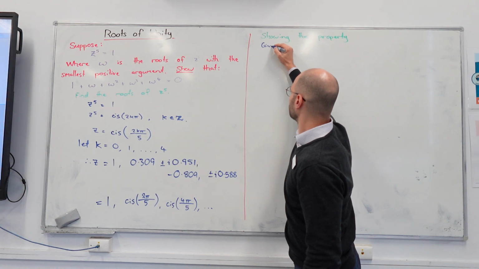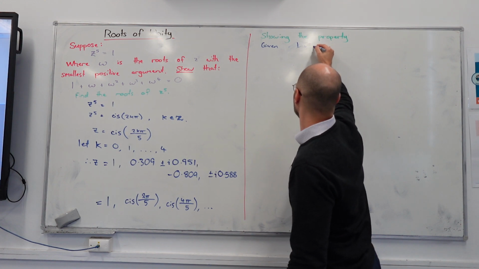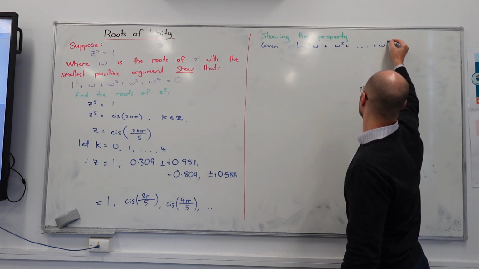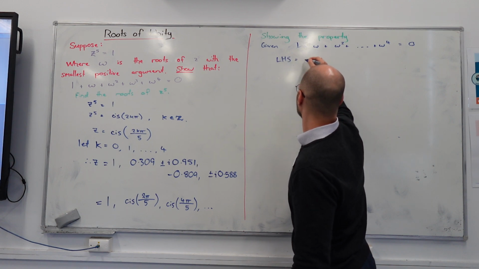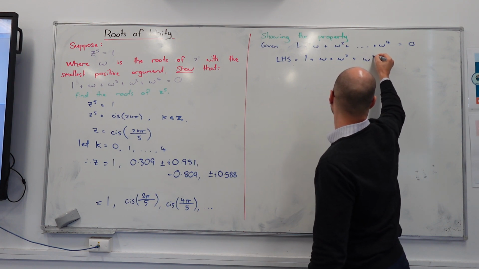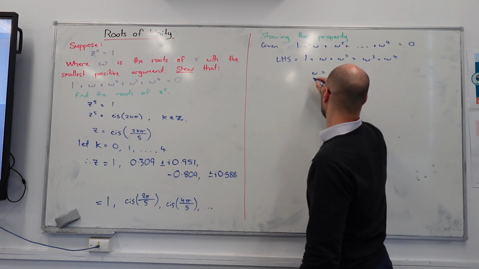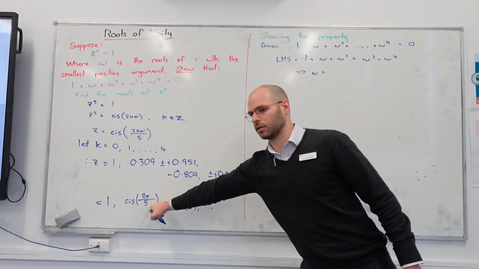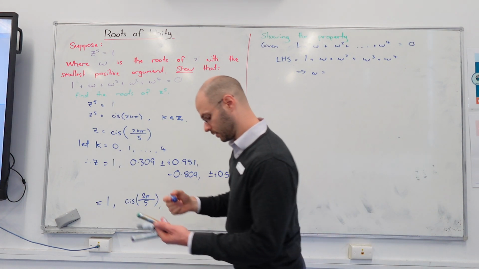Start off with the left hand side, 1 plus omega plus omega squared plus omega cubed plus omega to the 4, where omega is going to be what? The first root with a non-zero positive argument. So it's this guy here.